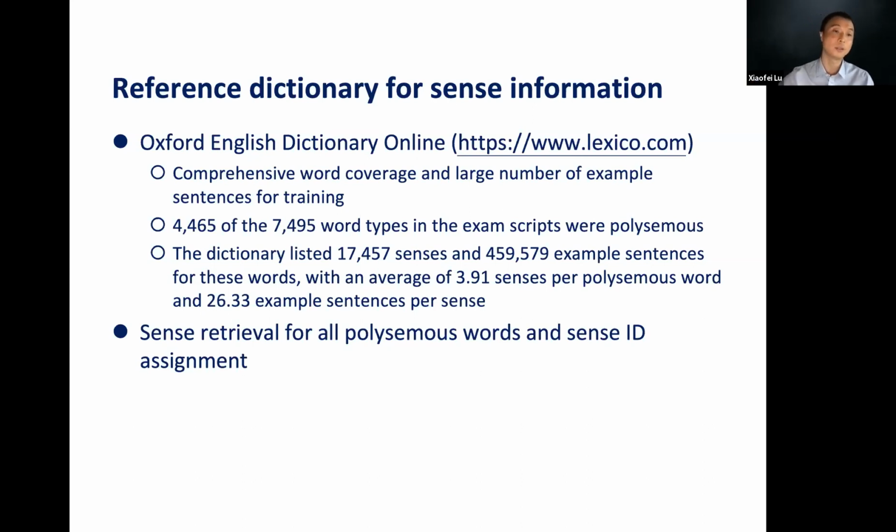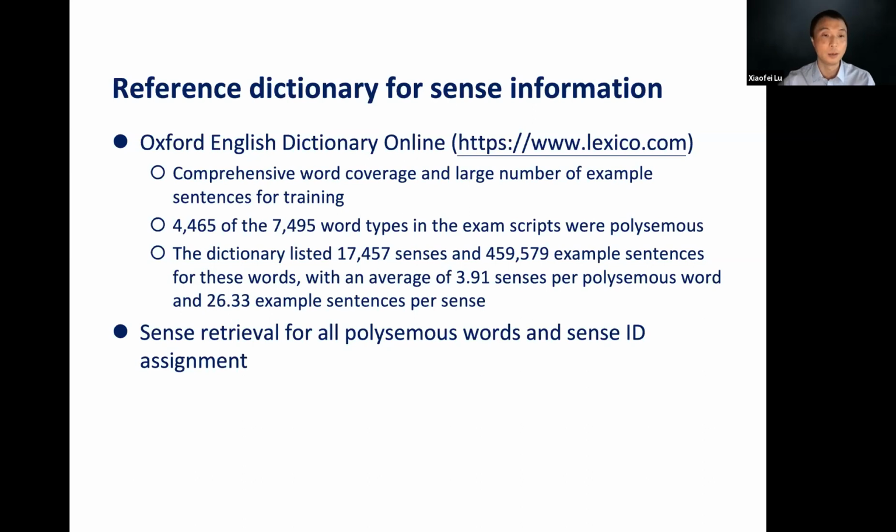For those 4,000-plus words, the dictionary listed 17,000-plus senses and 459,000-plus example sentences, with an average of about 4 senses per polysemous word and over 26 example sentences per sense, which is great for us.